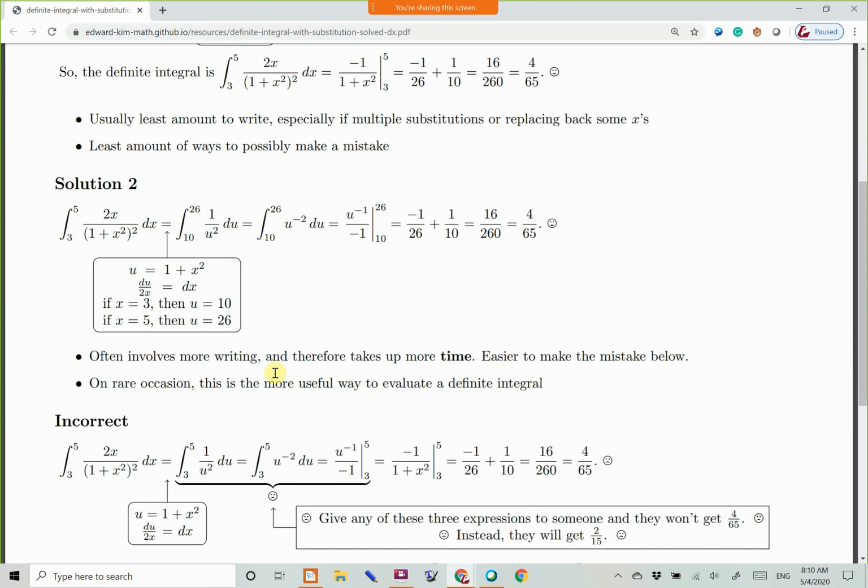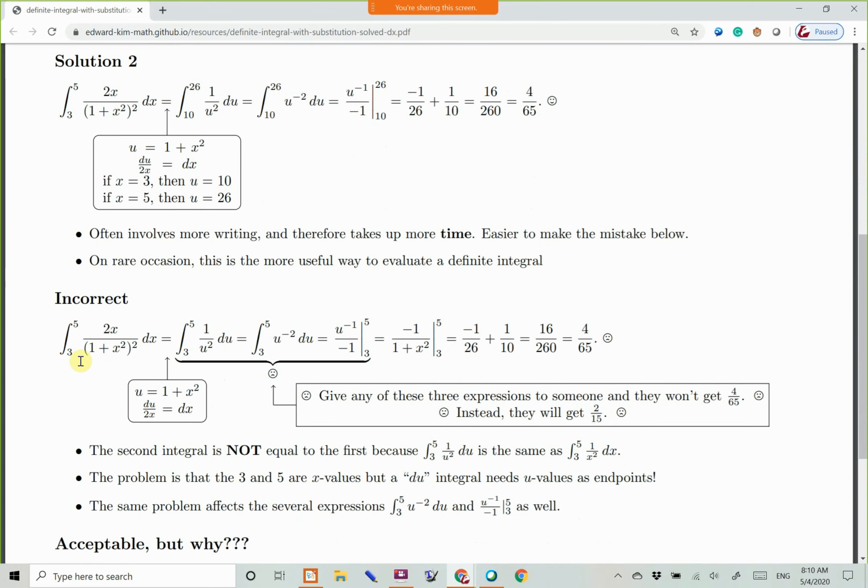The incorrect thing that people tend to do, it looks like this. So down here where it says incorrect, starting with the definite integral, u is 1 plus x squared again, and right away, the moment you substitute this dx, you have this du right here, and people will have this integral 3 to 5, 1 over u squared du.